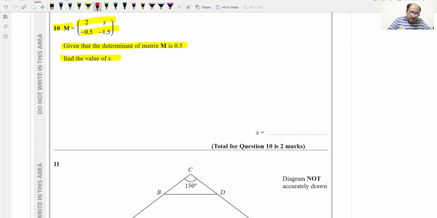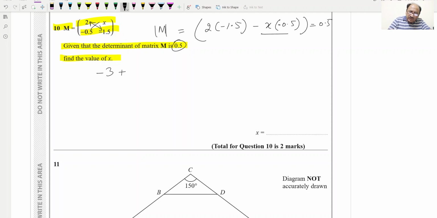The determinant, M mod, will be equal to 2 multiplied by minus 1.5 minus x multiplied by 0 minus 0.5, bracket close, and we know the given value is equal to 0.5, so we can write down the equation: minus 1.5 into 2 will be minus 3, and minus minus is plus, so plus 0.5x.